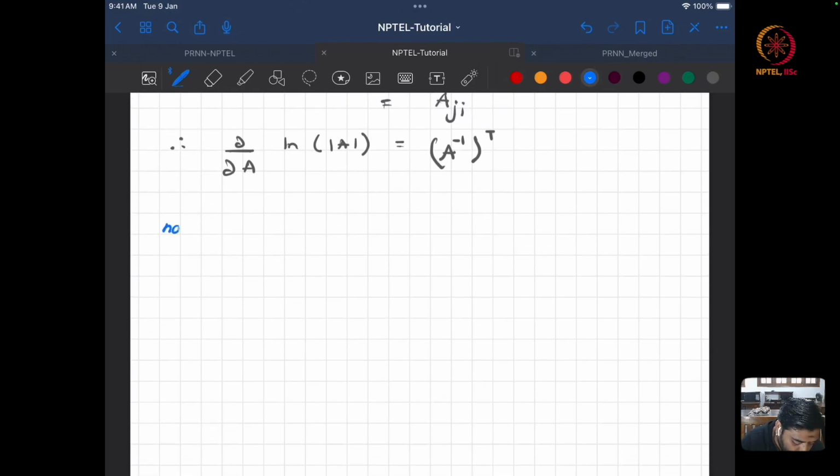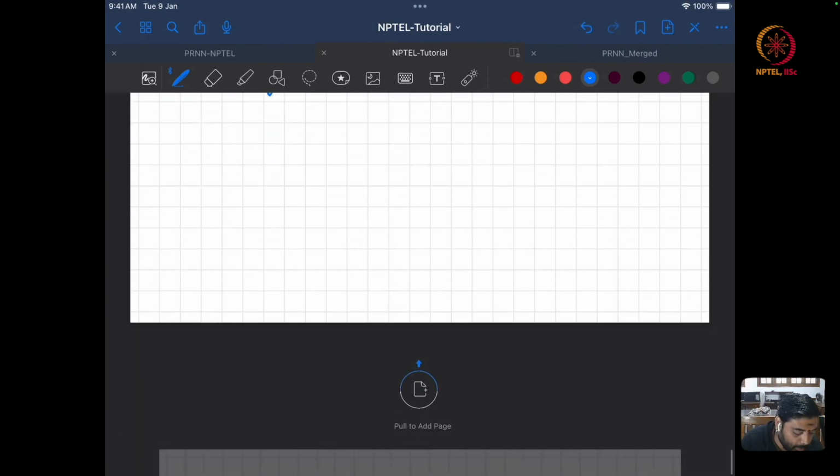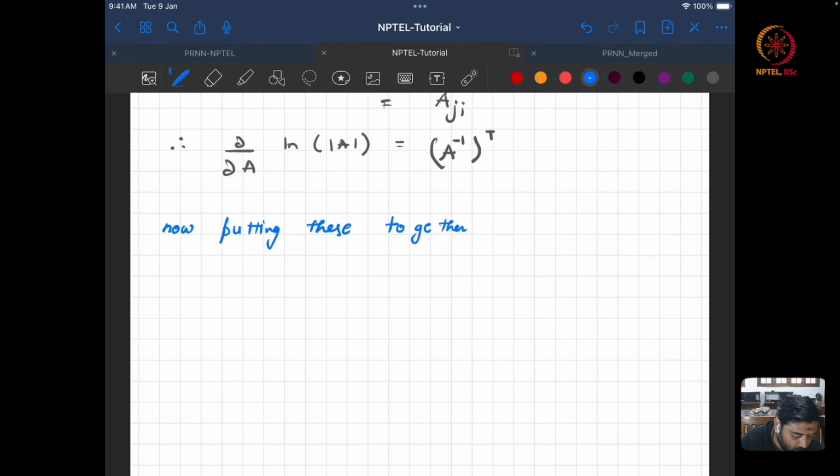Now putting these together, okay, you put all of these together and then what do you do? The next step is to take the partial derivative and equate to 0.